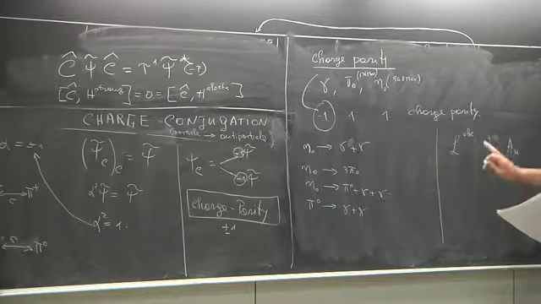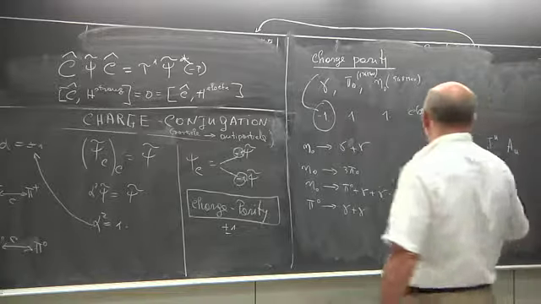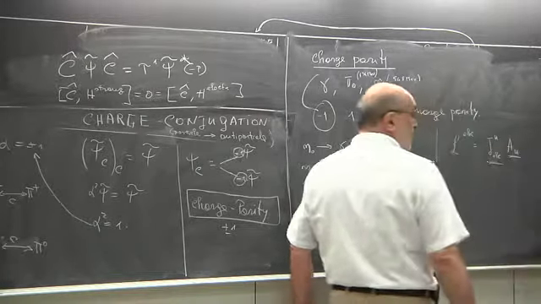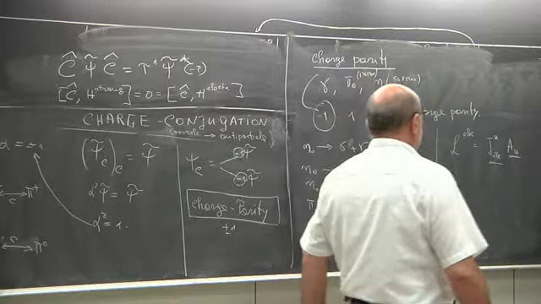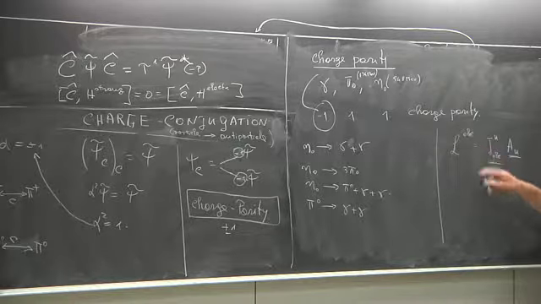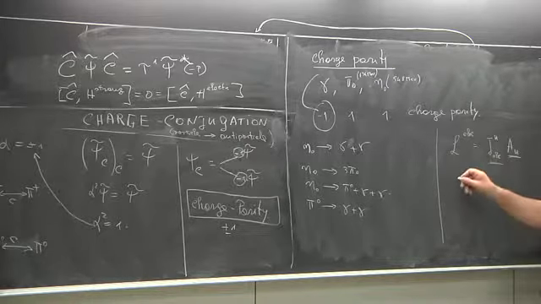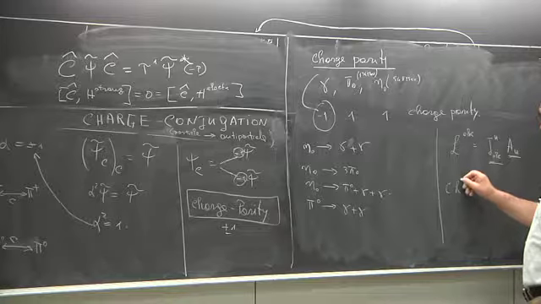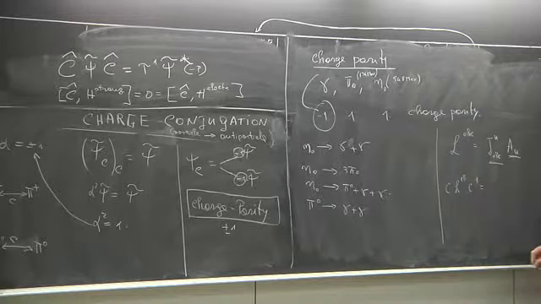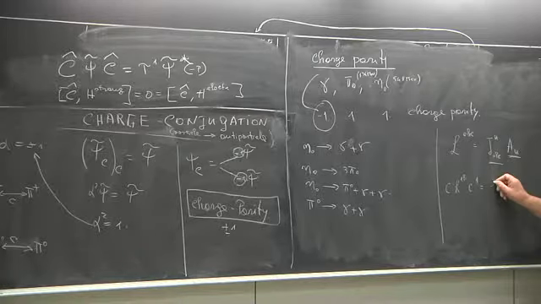The Lagrangian is always this: you have an electromagnetic four-current interacting with the four-vector. Now, there is evidence that the electromagnetic Lagrangian is invariant under charge conjugation. So if we do C L electromagnetic C to the -1, this is invariant.